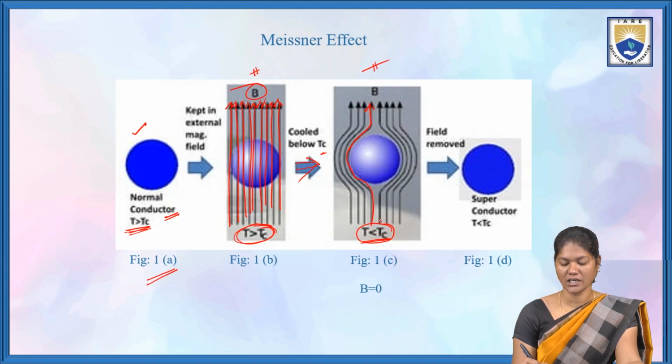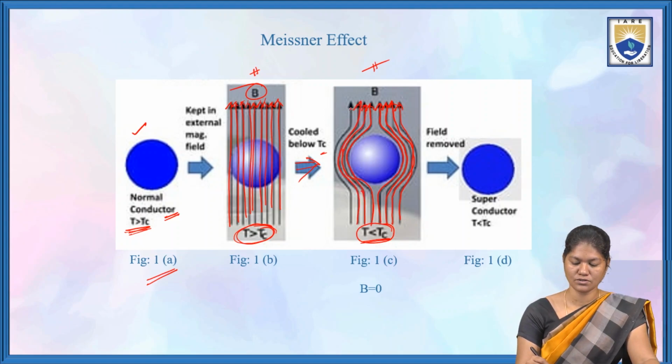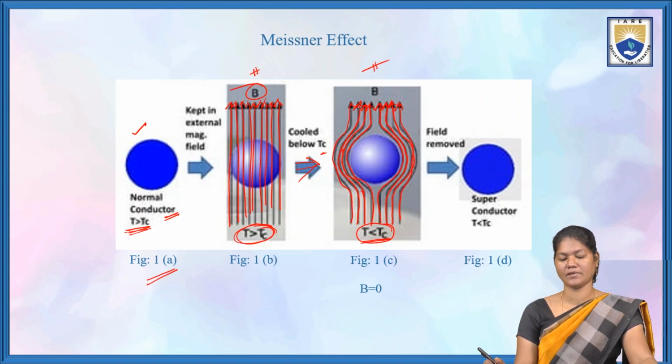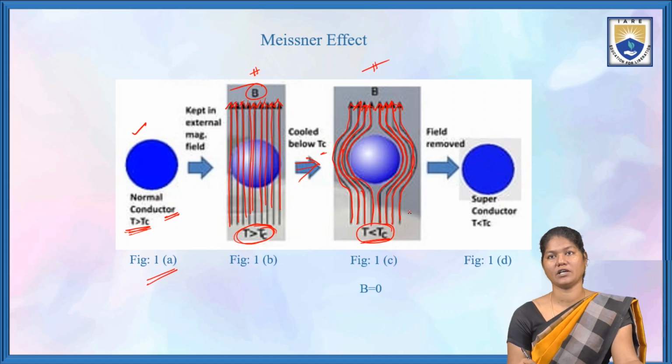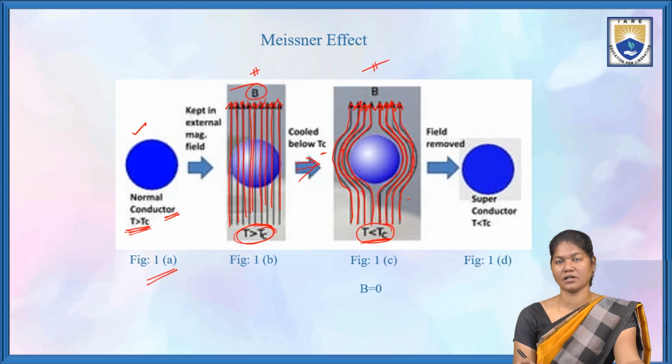It expels the magnetic lines, so that no magnetic line is passing through the conductor. Because of expelling the magnetic lines, B becomes 0 here. No magnetic field induction here in this conductor.